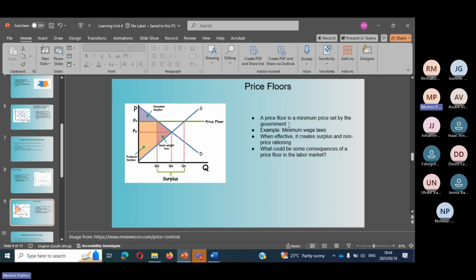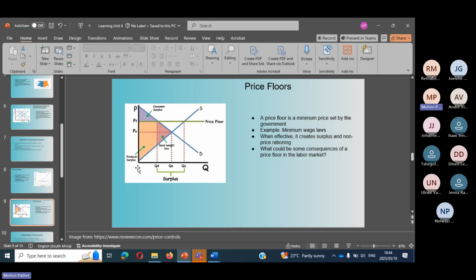Okay, so here, a price floor. Coming back to South Africa, a nice at-home example is our minimum wage laws. I want you to just imagine this graph is our wage demand and supply in our country. Our supply of labor is on this S curve.